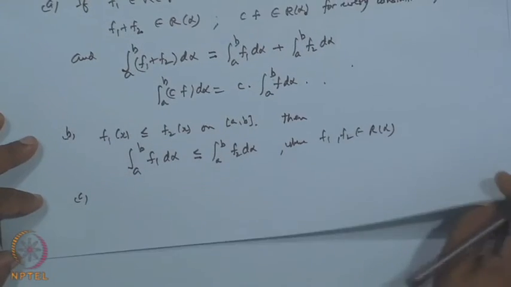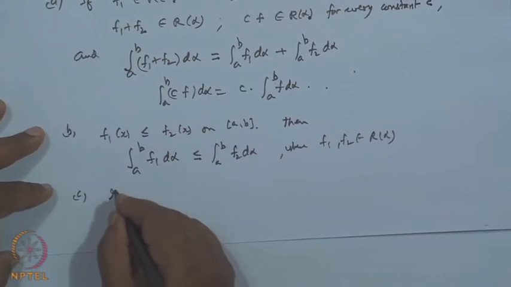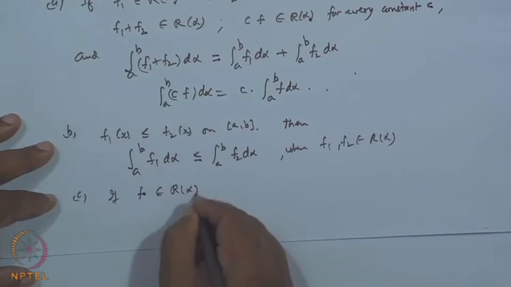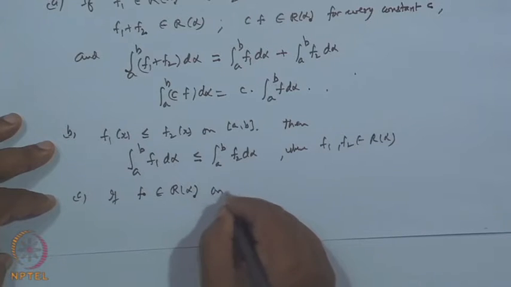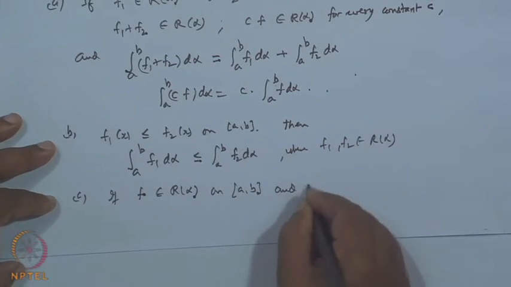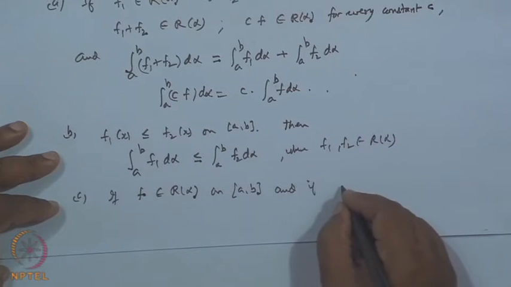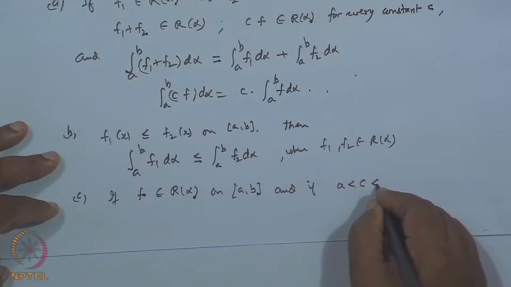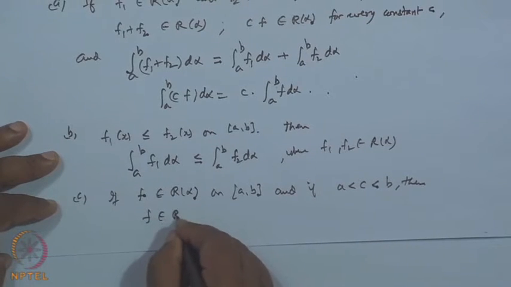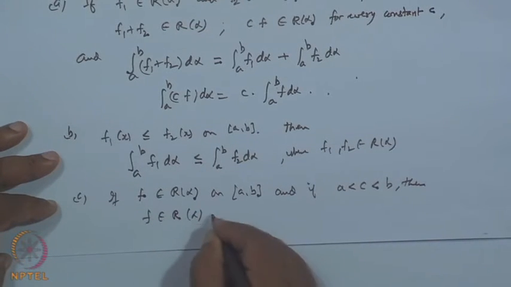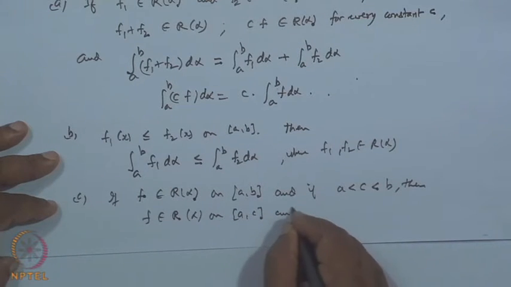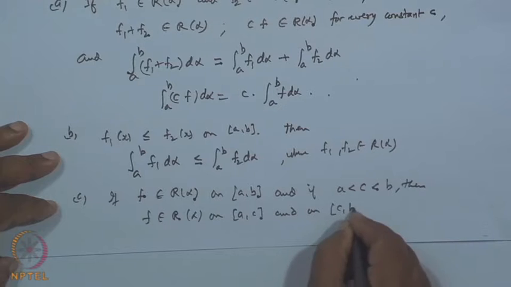Third property is, if f belongs to R alpha, that is Riemann-Stieltjes integrable on the closed interval a b, and if a is less than c less than b, then f is Riemann-Stieltjes integrable on the closed interval a c as well as on c b.